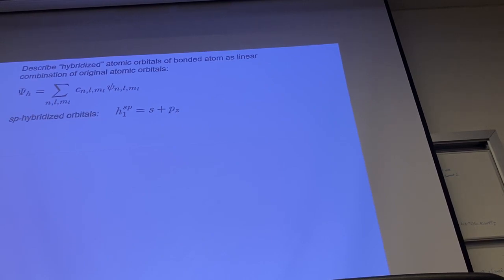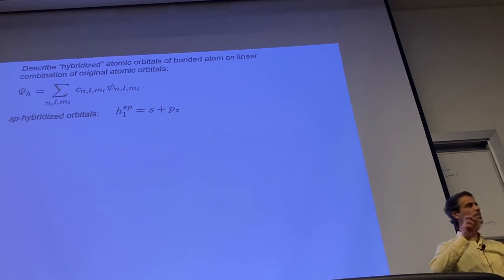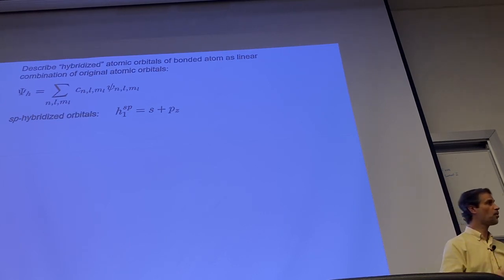The s is the unperturbed orbital of the individual carbon. The pz is the pz orbital, the atomic individual atom orbital. And I'm going to just make a linear combination, just those two. I can make an infinite series, but I'm going to focus just on those two and see if just taking two will give me a geometry that fits the mold.